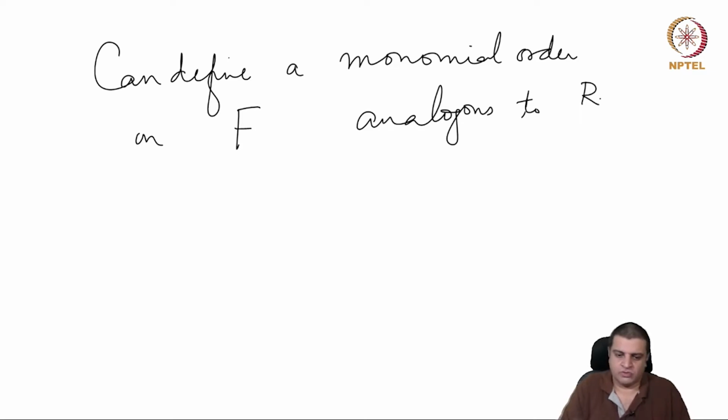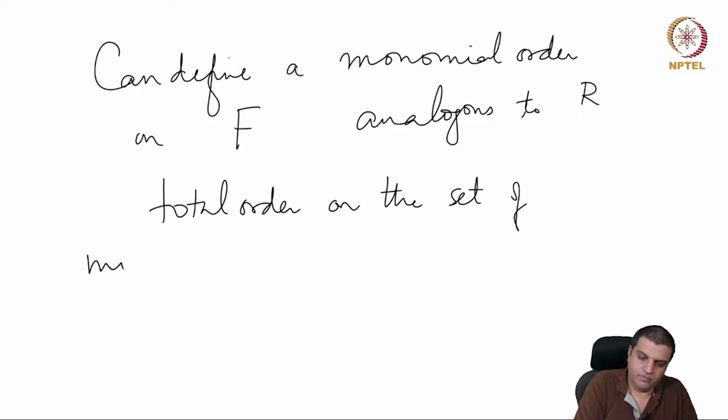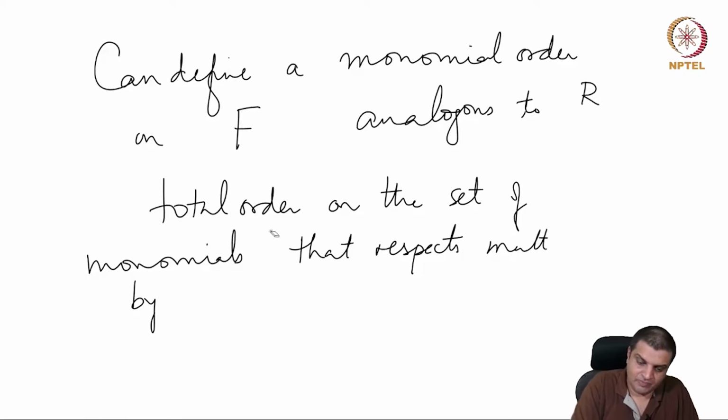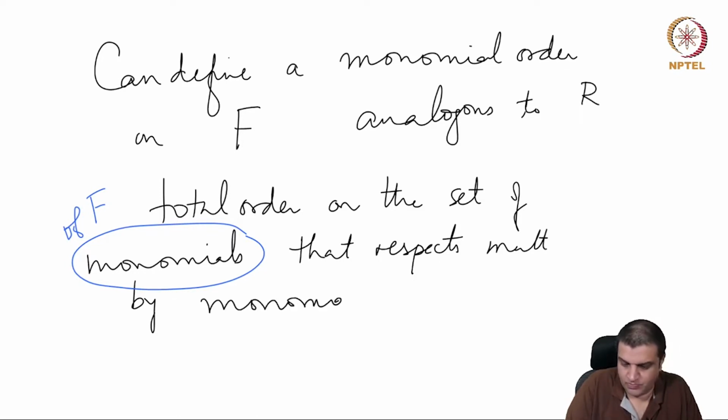So total order on the set of monomials that respects multiplication. So these are monomials of F that respects multiplication by monomials of R.